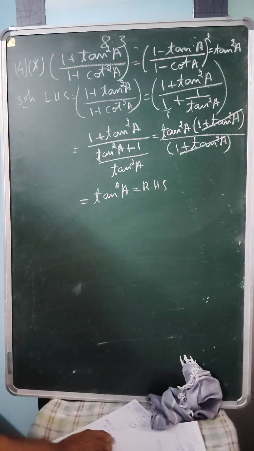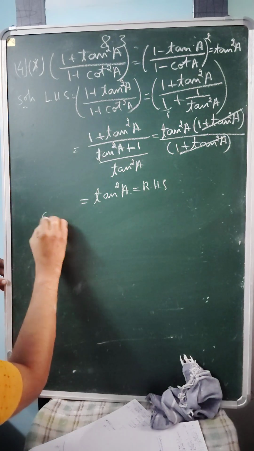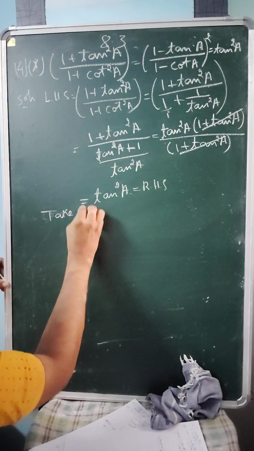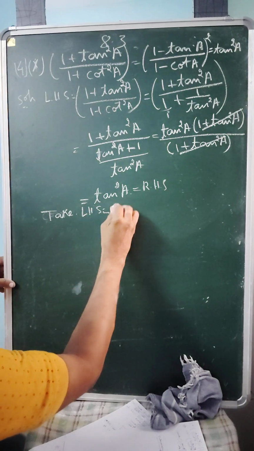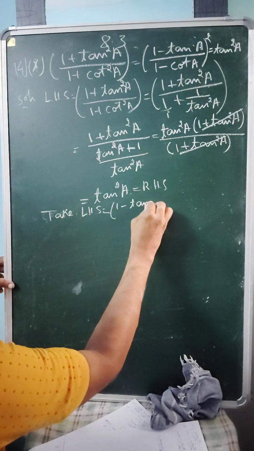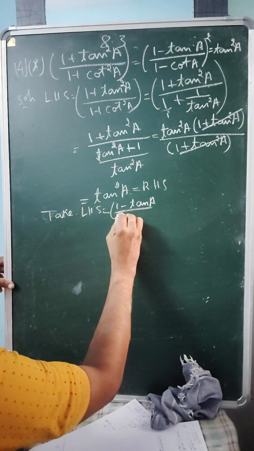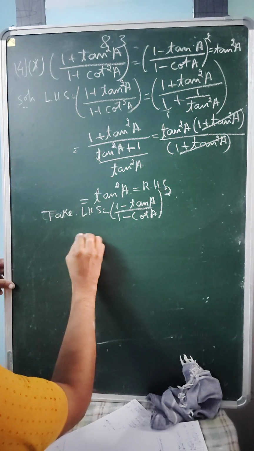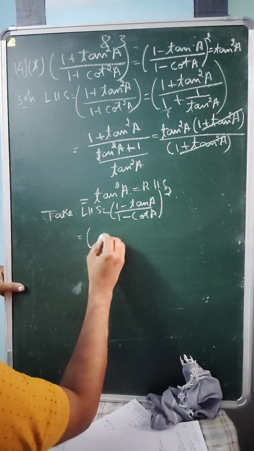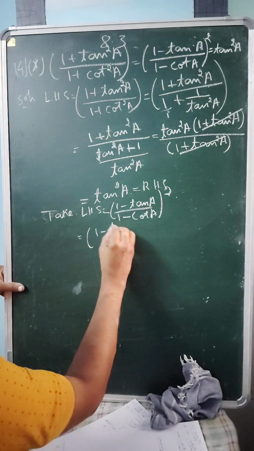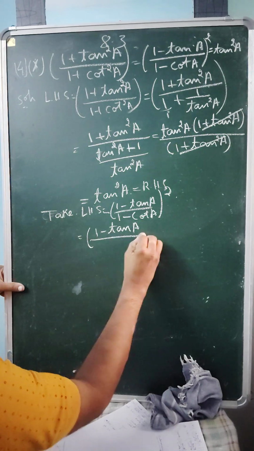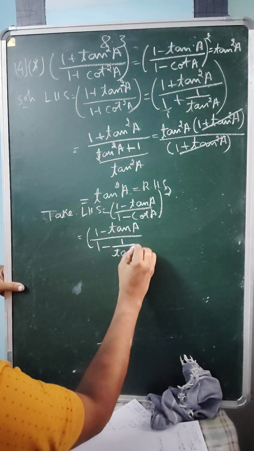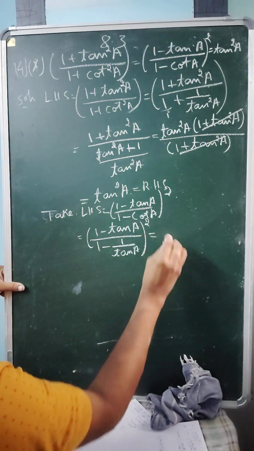Similarly, consider the second one. LHS is equal to (1 minus tan A) whole square divided by (1 minus cot A) whole square. Once again, convert the cot into tan: (1 minus tan A) whole divided by 1 minus, instead of writing cot, 1 by tan A, whole square.